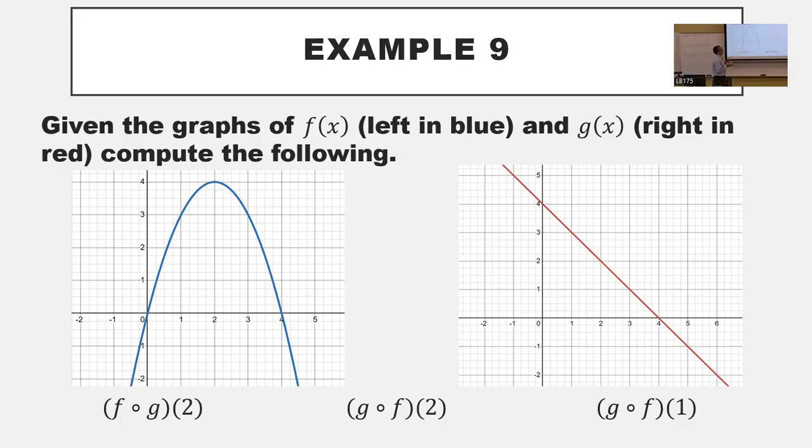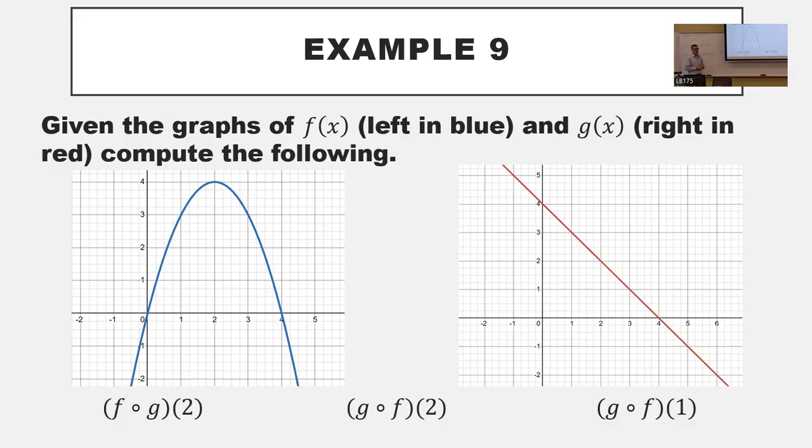I want you to try these, or just this example. There are 3 questions on the bottom on your own. Here, the left-hand graph is the f of x, and the right-hand graph is the g of x.